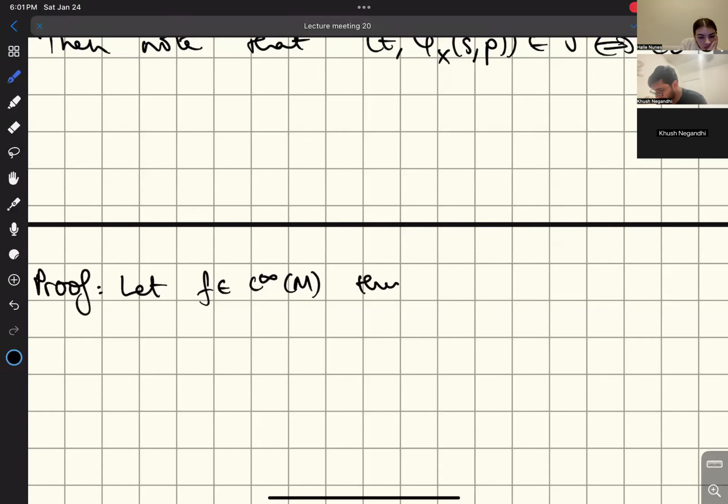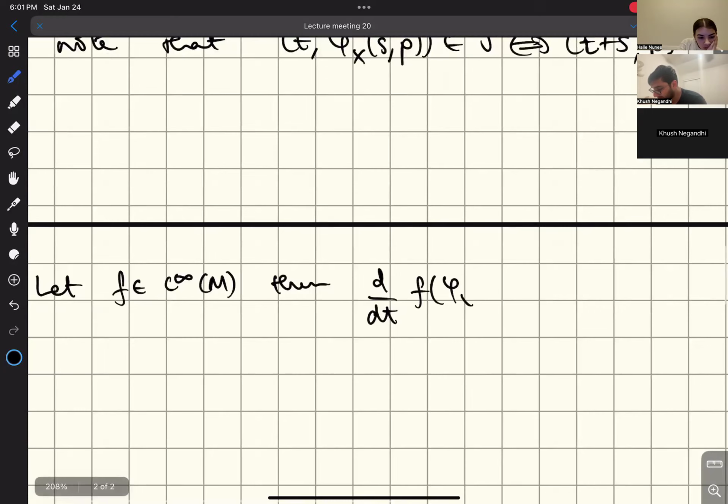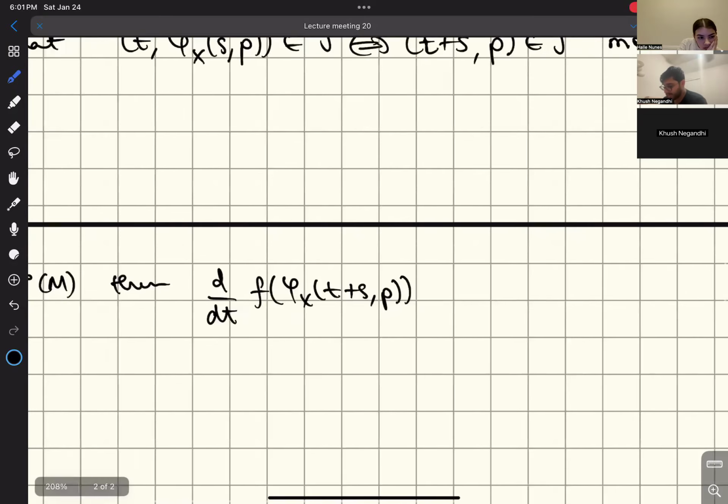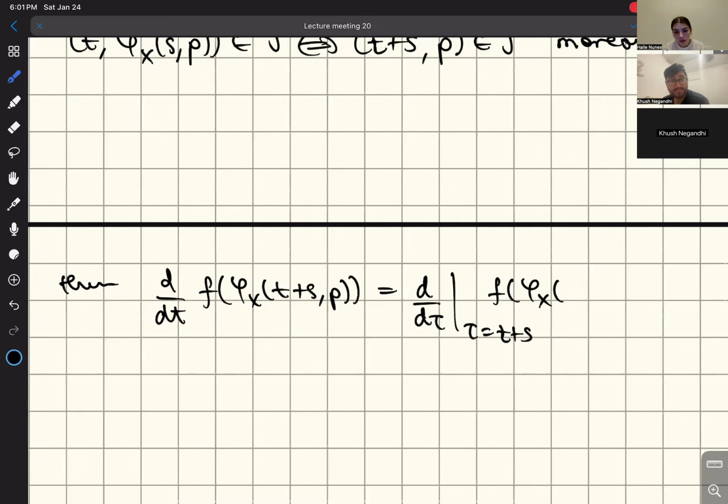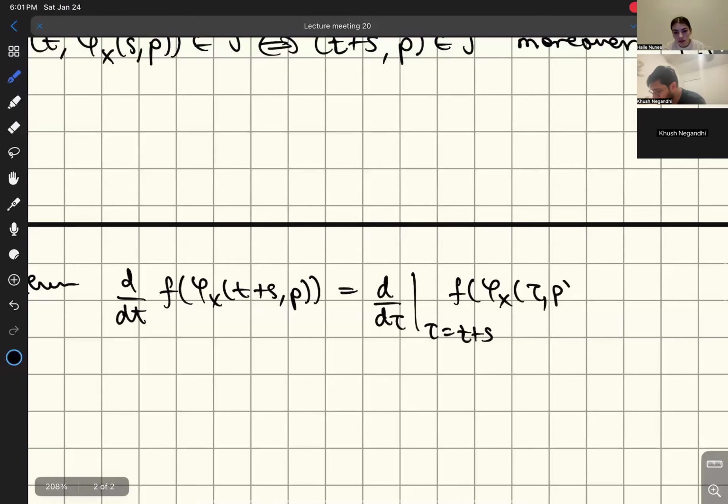Then d by dt of f of phi x at t plus s of P is equal to, so now we do a change of variable, d by d tau at tau equals t plus s, f of phi x at tau p.